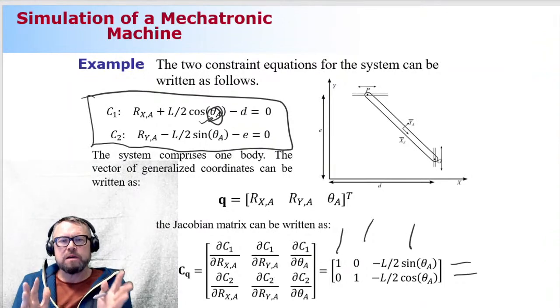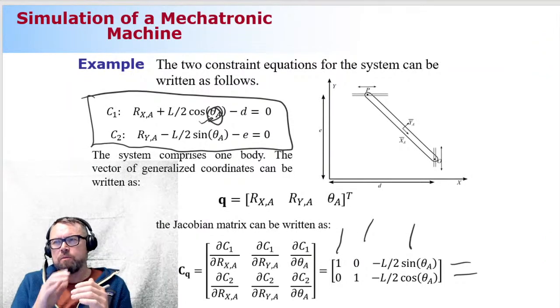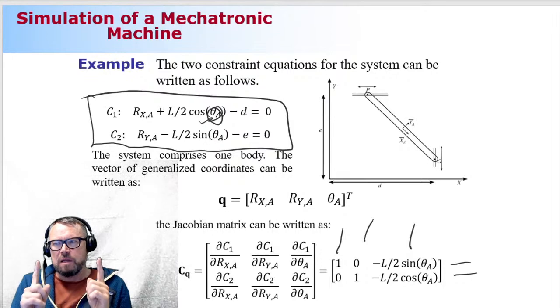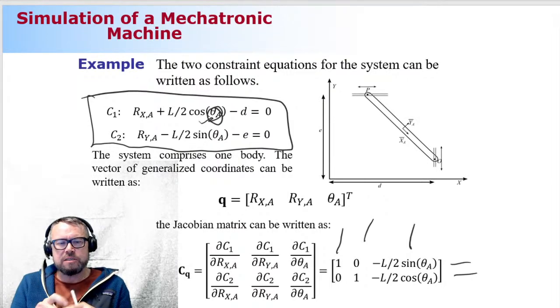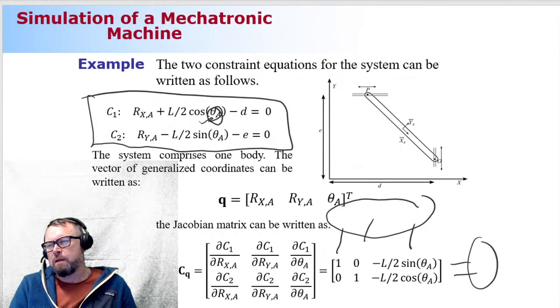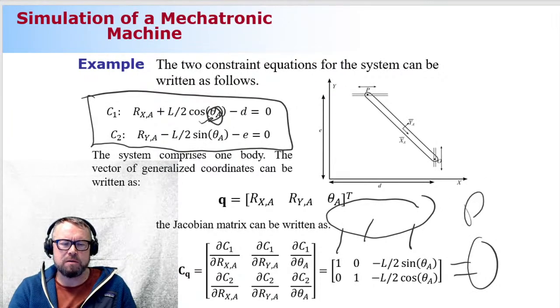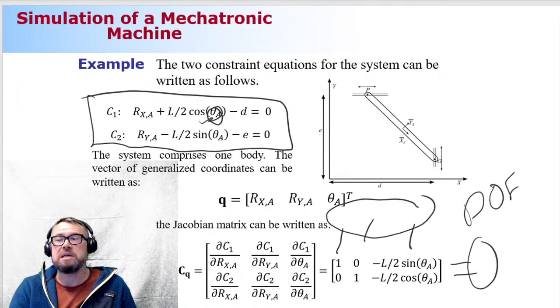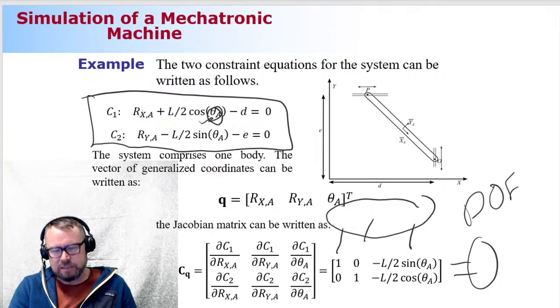But hear me now, because what follows is one more in-class quiz. What is the Jacobian matrix telling you? It's telling you the number of generalized coordinates and the number of constraint equations. Is it exactly the information we use to compute the number of degrees of freedom? Yes, it is. It's exactly that same information.